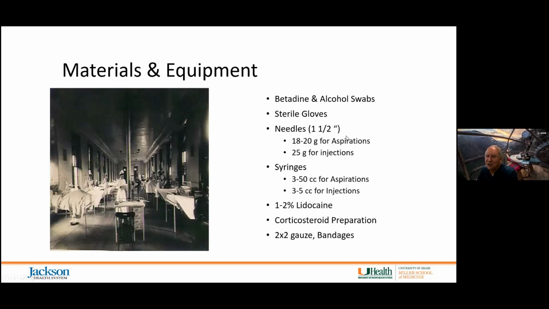Typically on larger joints, I'm going to use a 1.5 inch 25 gauge needle for the injection itself, and an 18 gauge for aspirating the medication. Smaller syringes are going to generate more force, so typically if I'm going to do a shoulder injection, even an elbow or wrist injection, I use a 10 cc syringe.